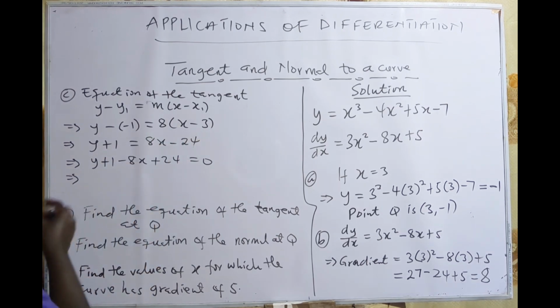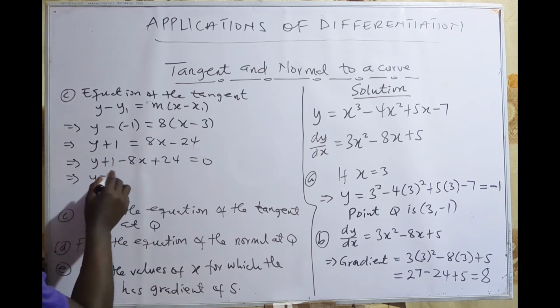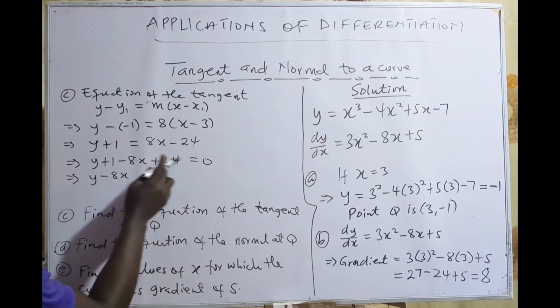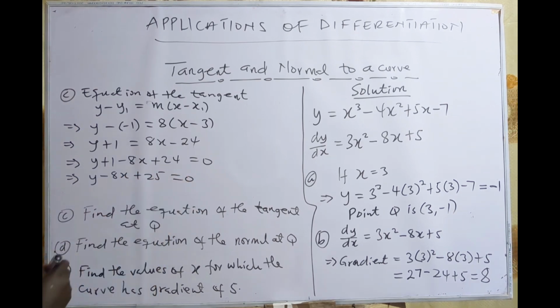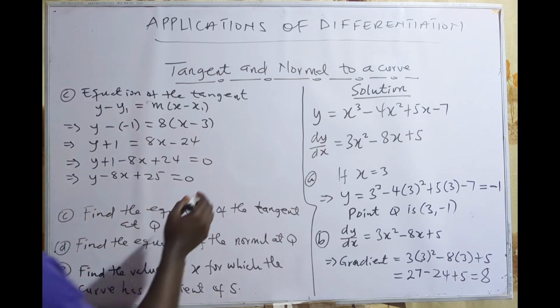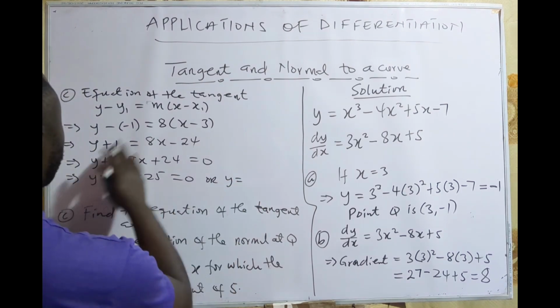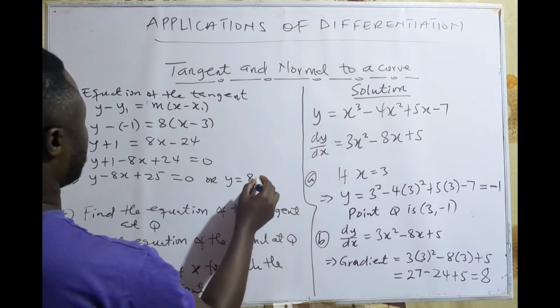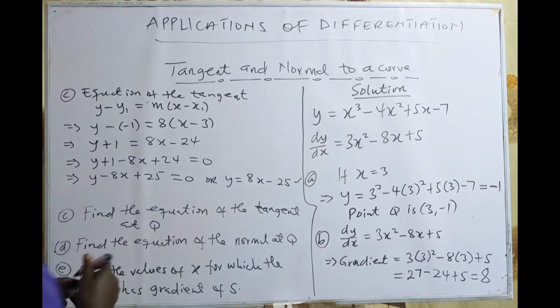Okay, so it means that we have our equation as y minus 8x plus 24 plus 1, that is plus 25, equal to 0. So this is our equation of the tangent. Or as I said, if you like, you can say y is equal to, you bring y to this side, 8x minus 25. So this can also be the equation of the tangent.